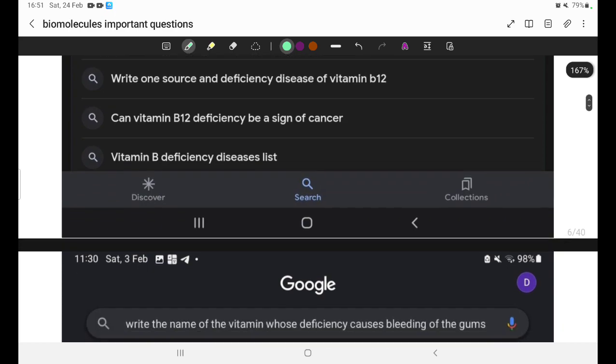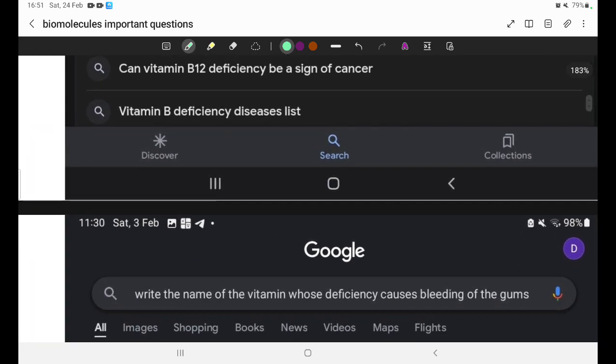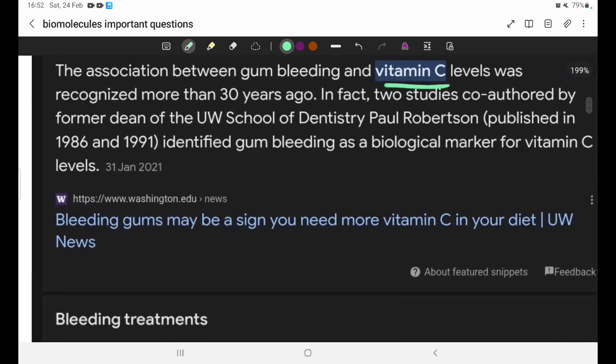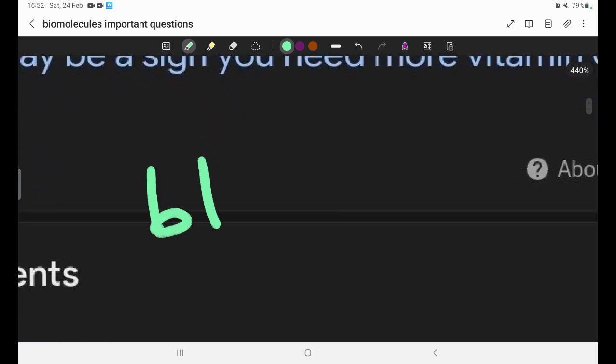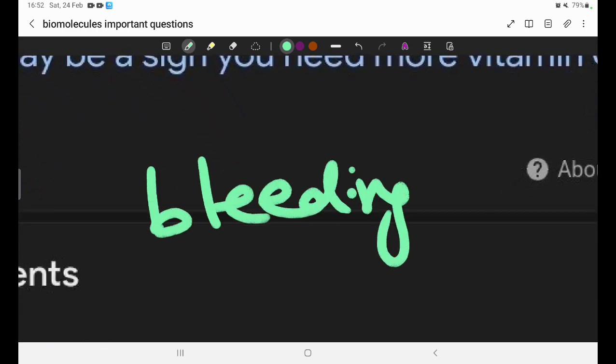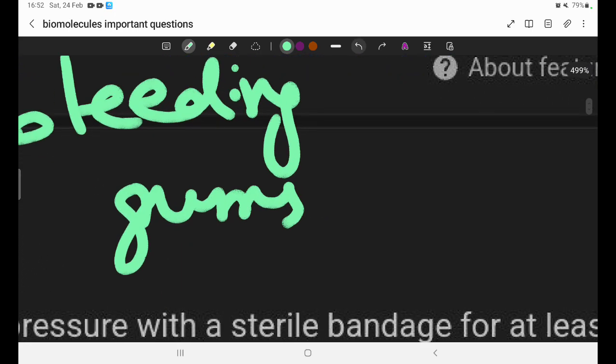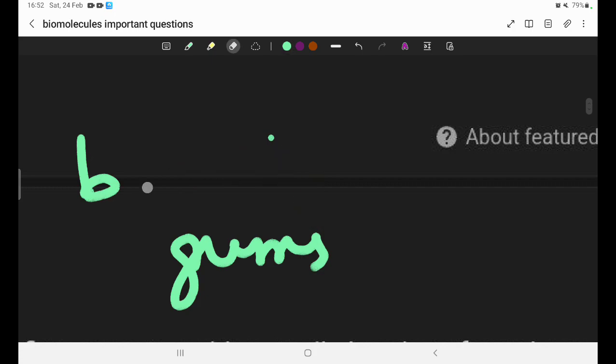Next is, which vitamin deficiency causes bleeding of gums? Which vitamin deficiency causes pernicious anemia? It is vitamin B12. Now they're asking which vitamin deficiency causes bleeding of the gum. This is vitamin C. So you need to remember this one. So if it is bleeding gums or pernicious anemia, let me write it properly.